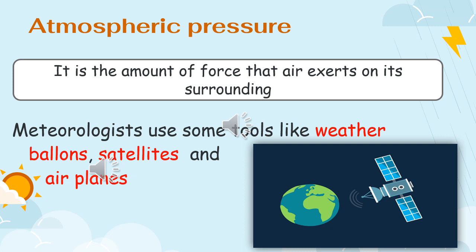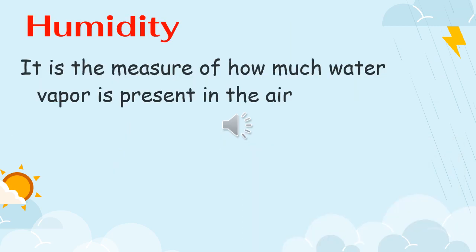After collecting the data, the meteorologist tries to draw a weather map. The weather map helps the meteorologist to put together all the information collected by different tools. Also, the meteorologist needs to measure the amount of water vapor inside the air, and this is called humidity.